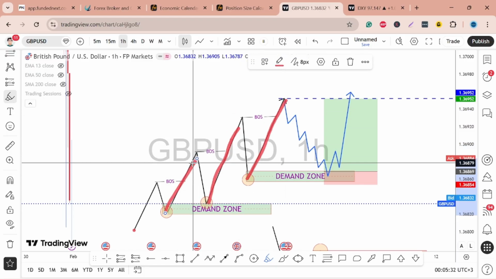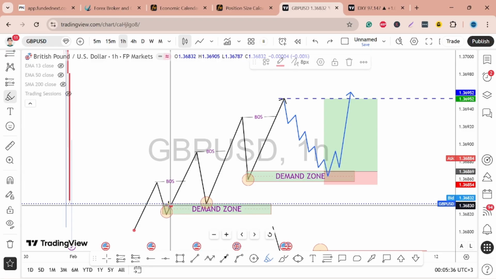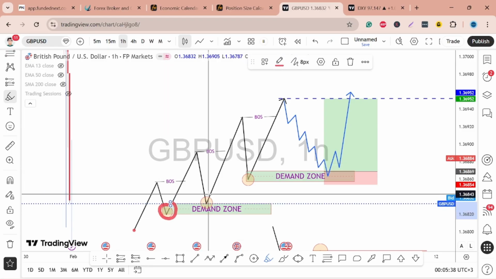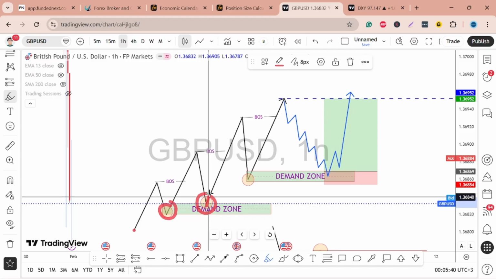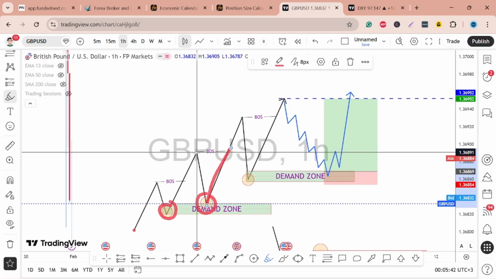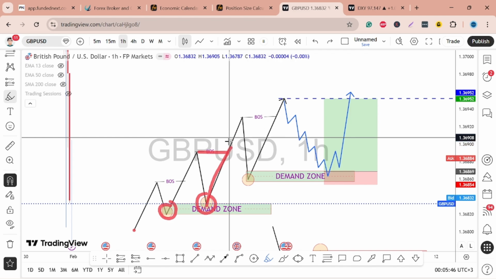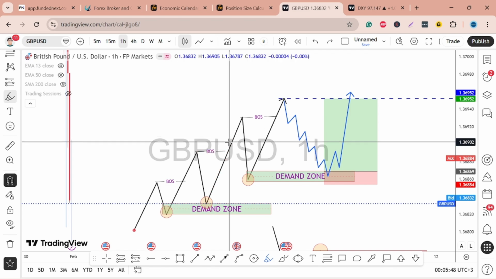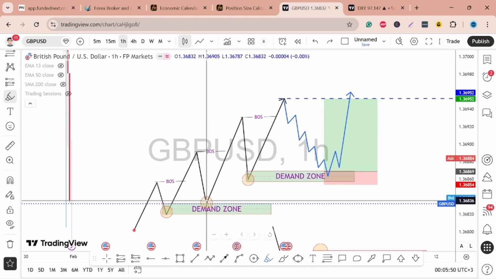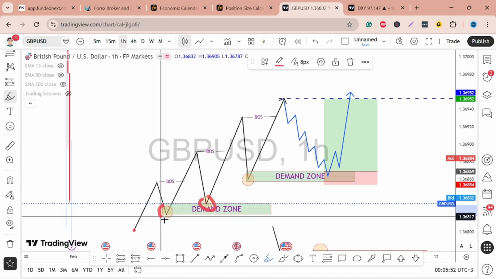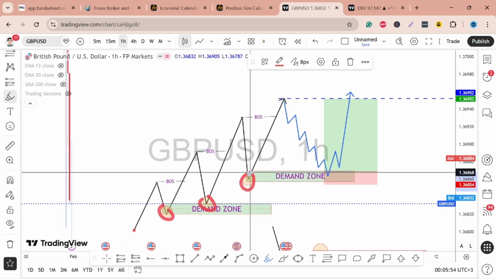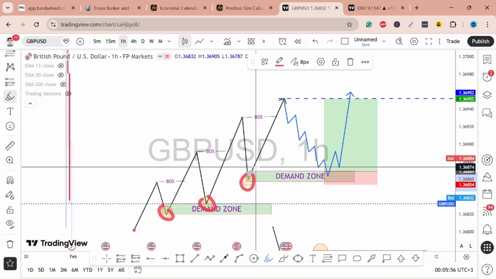Where should your entry points be? Your entry point should be at these swing lows, so that you can ride the move up at least until here, or even beyond if the market moves beyond, or if you're patient enough to hold. At these circles that I have marked, these are the areas where you will be looking to get into buy positions.